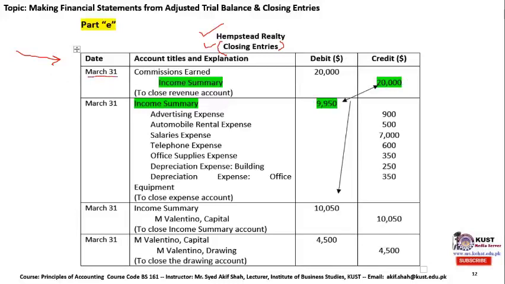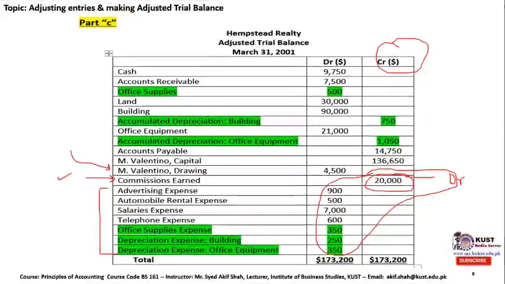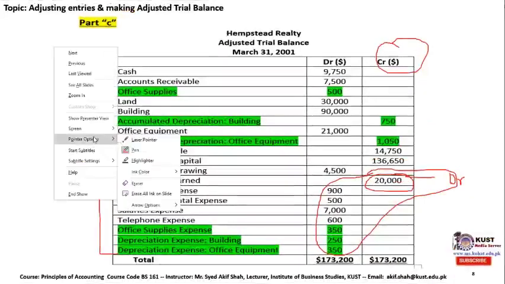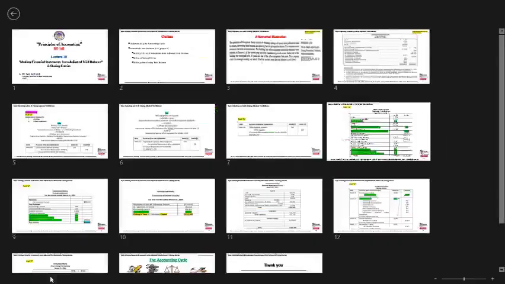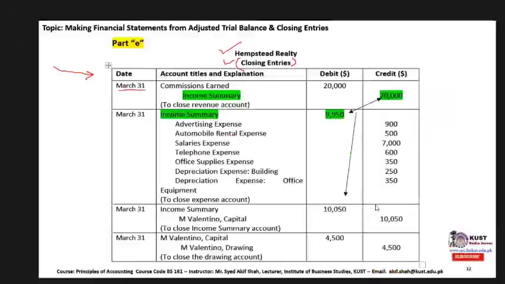As we know, commission earned had a credit balance in the adjusted trial balance. As we can see over here, once again, the commission earned has a credit balance in the adjusted trial balance. So in order to close down this account, we have to give a reverse entry to the commission earned.